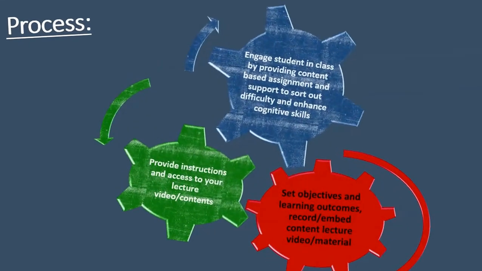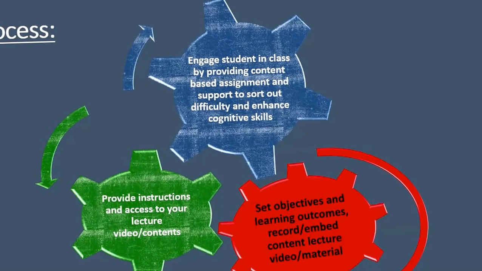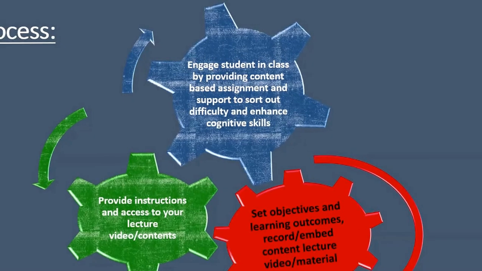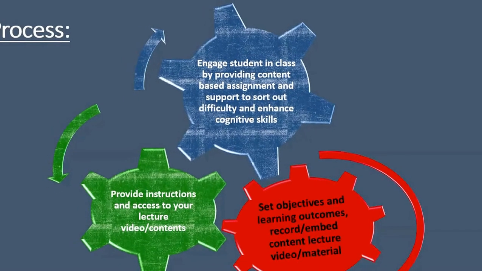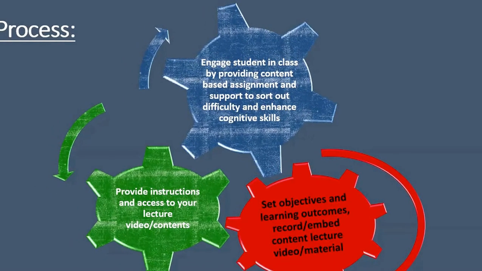What is the process? Let us see the process. Your first thing is to set the objective and learning outcomes. Once we set that, then record the contents in the form of videos or presentations or audios, any means whichever is available which will be accessible.